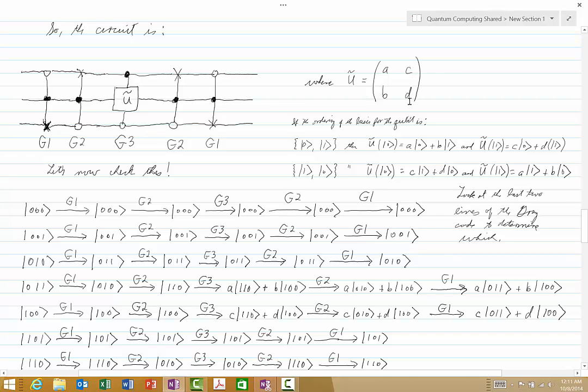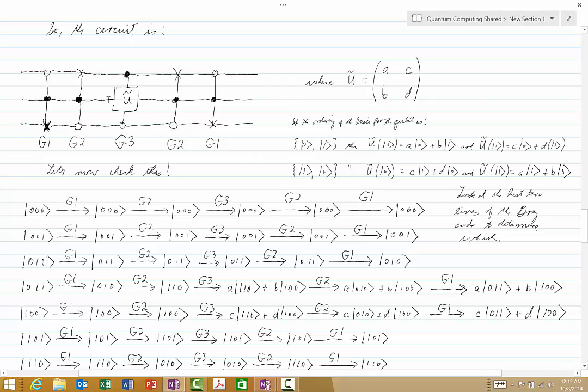So in other words, we have here U tilde of 0 is C times 1 plus D times 0, and U tilde of 1 is A times 1 plus B times 0. So you need to pay attention to what the ordering is of this basis for the second qubit.